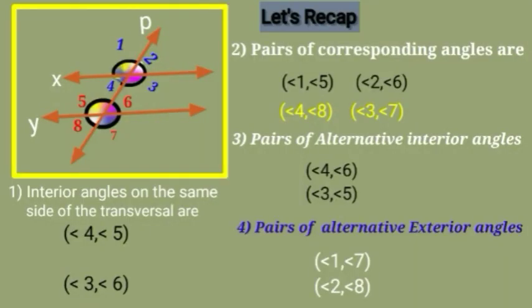So dear children, let's recap. When a transversal intersects two lines at two distinct points, we get the following pairs of angles. First, interior angles on the same side of the transversal are angle 4, angle 5, angle 3, angle 6. Second, pairs of corresponding angles: angle 1 and angle 5, angle 2 and angle 6, angle 4 and angle 8, angle 3 and angle 7.